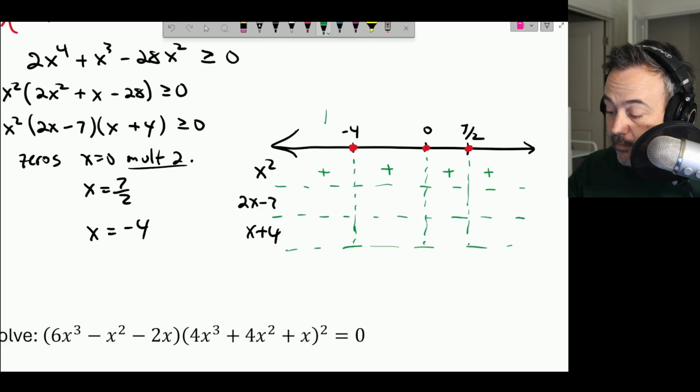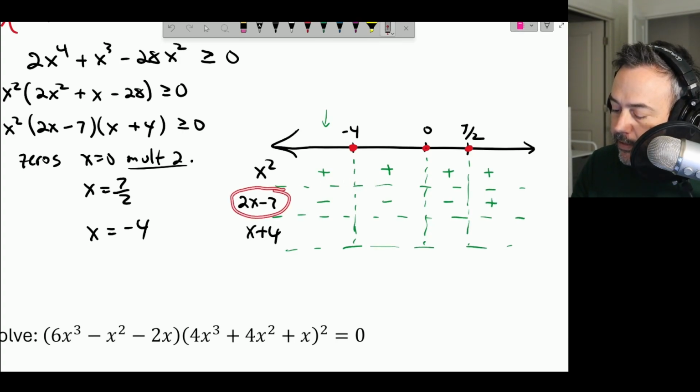So if I pick any number to the left of -4, this is negative, and if I plug in any number between -4 and 0, this is negative. If I plug in a number between 0 and 7/2, like 1, this is negative and positive.